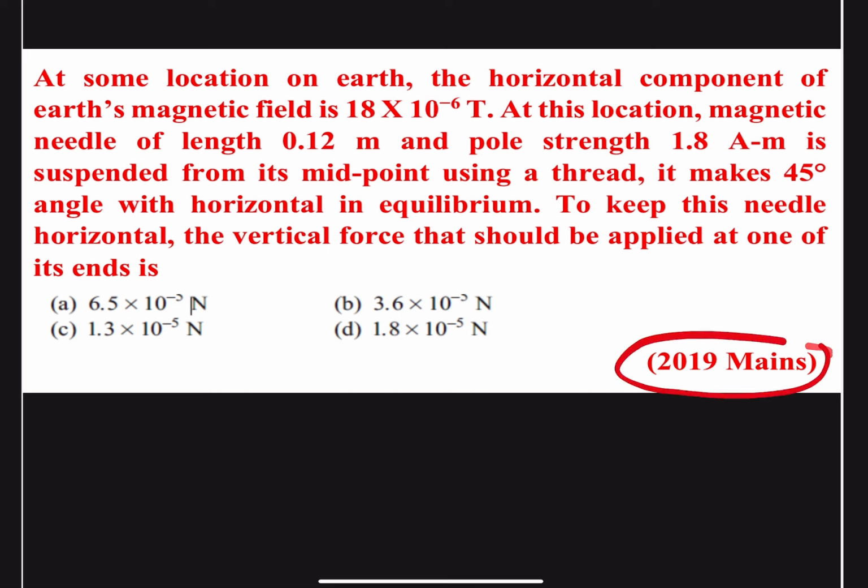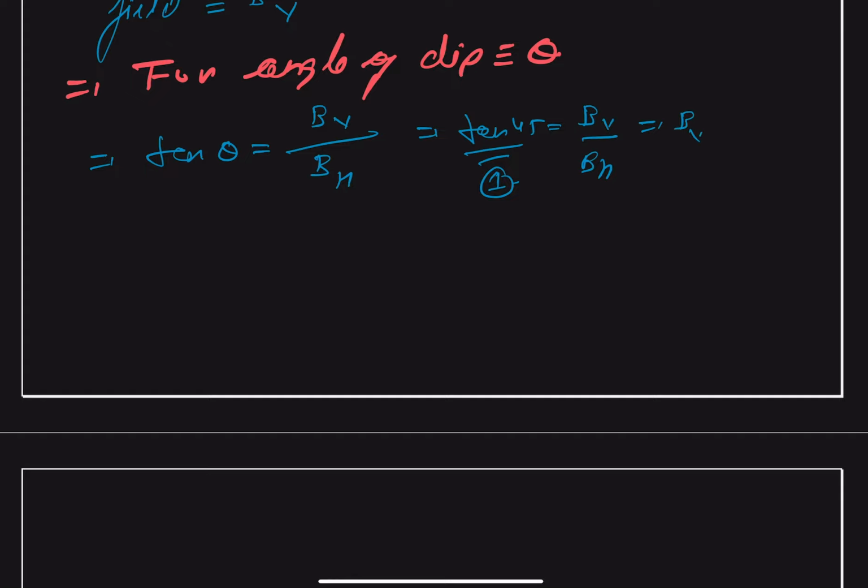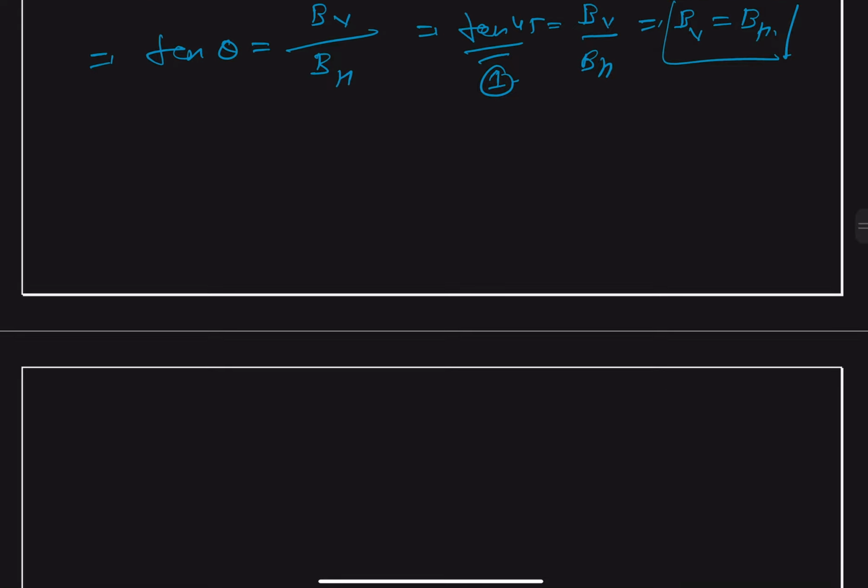Tangent of 45 is 1. So the vertical component is equal to the horizontal component. Therefore, the vertical component will be equal to 18 × 10⁻⁶ Tesla.